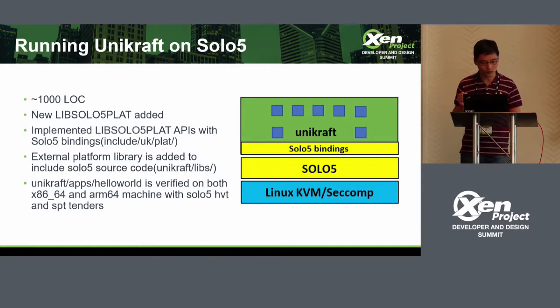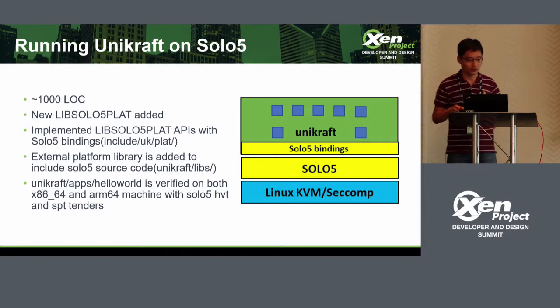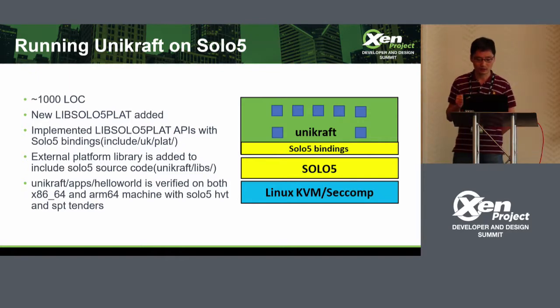The total code is around 1,000 lines to add some basic support for Solo5 to the Unikraft project. And we just need to follow the developers' guidance to re-implement some platform-specific APIs using the Solo5 bindings.